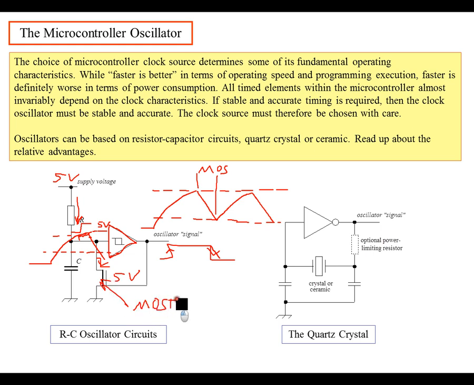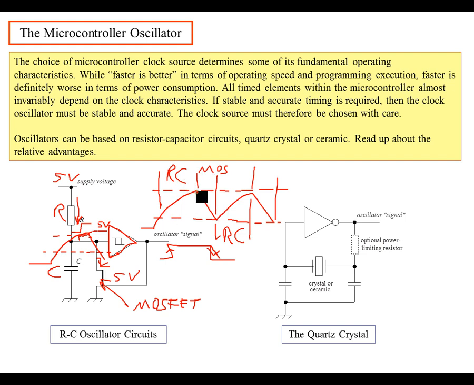So if we recall, this is the MOSFET. And then this period of time is the RC time constant, controlled by this R and this C. And then this again is the MOSFET discharge time. So you're going to have an RC rise time and then a MOSFET discharge time.